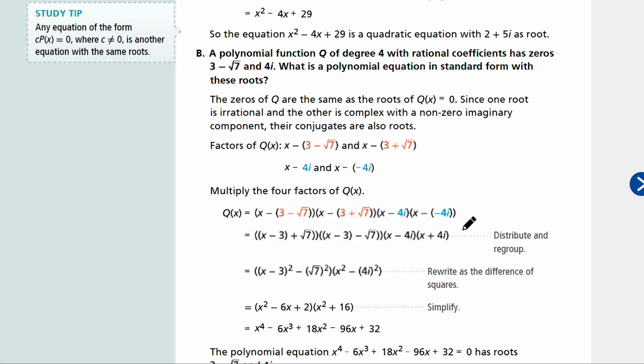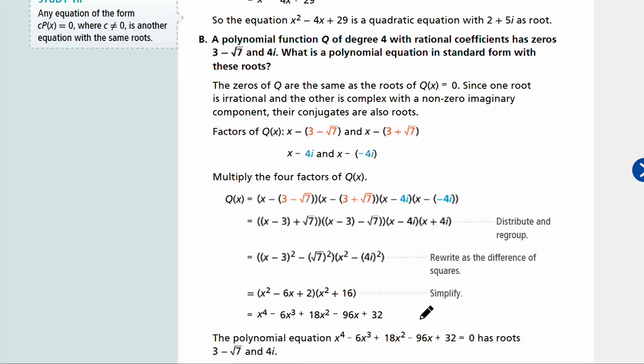Okay, so distribute and then regroup because you want to solve for it, and then use difference of squares and simplify, and you have this polynomial with real coefficients: x to the 4th power minus 6x cubed plus 18x squared minus 96x plus 32.